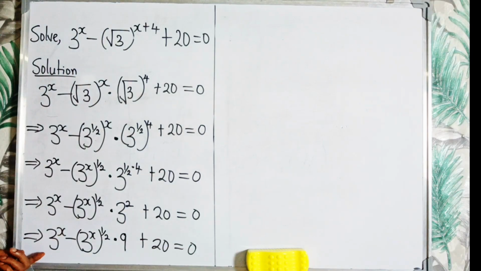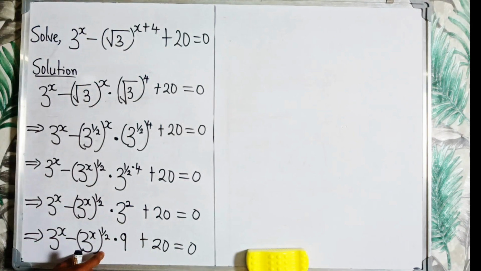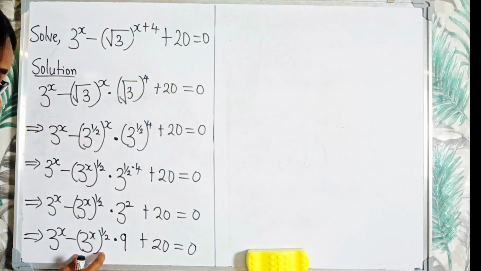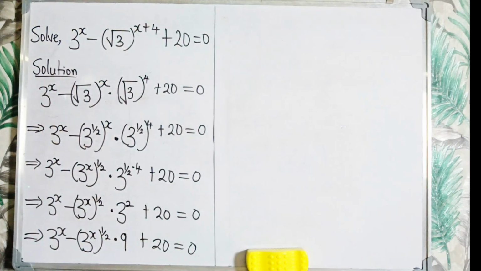Now, at this point, we can apply the substitution method because we have 3^x here, and we also have 3^x here. So let's choose what variable we are going to use. We can use any variable. We can use x, we can use y, whatever variable we want. So let's go with y.